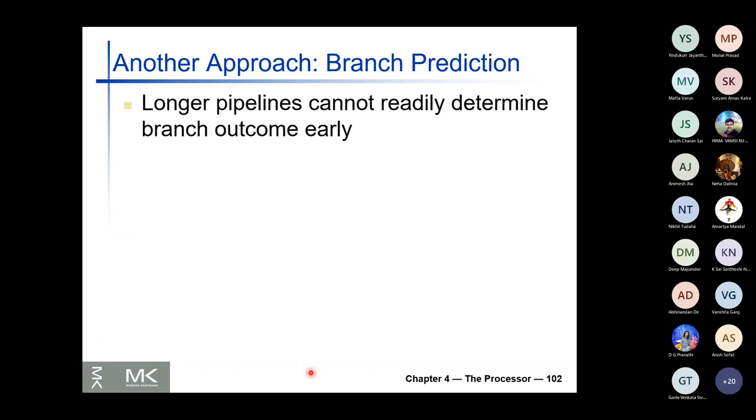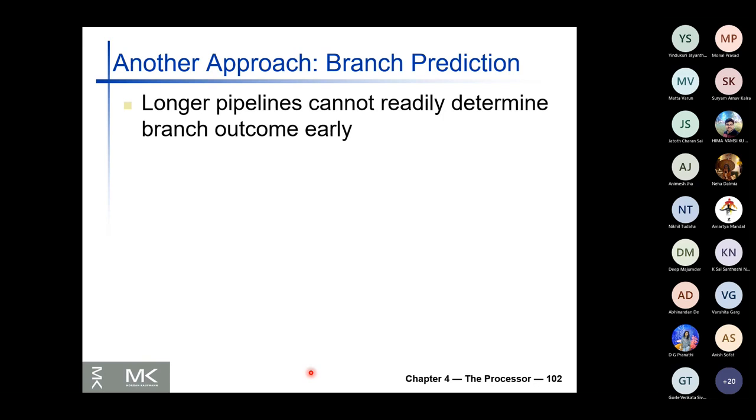Now, moving this hardware to the ID stage is good for MIPS, but when the pipeline becomes very long, for example, the pipelines which are usually deployed for implementing floating point operations, those pipelines are pretty long.